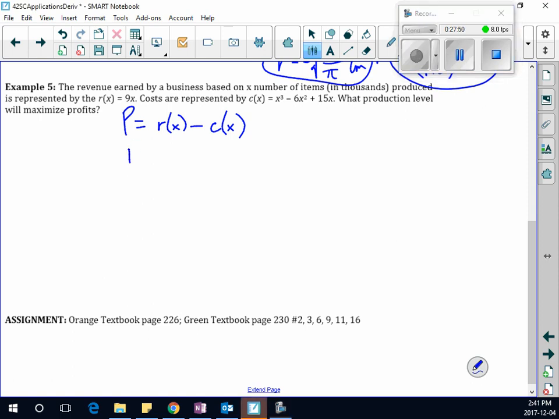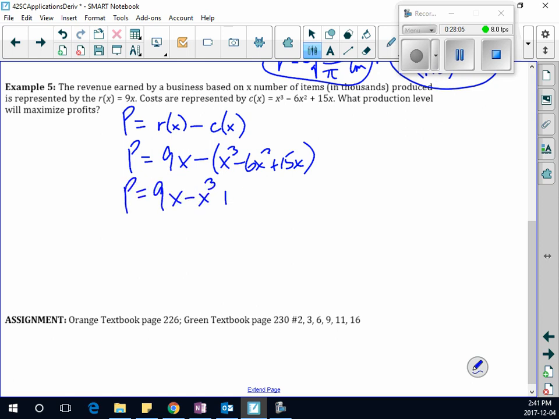Okay, so P equals 9x subtract bracket x cubed minus 6x squared plus 15x. So P equals 9x minus x cubed plus 6x squared minus 15x.